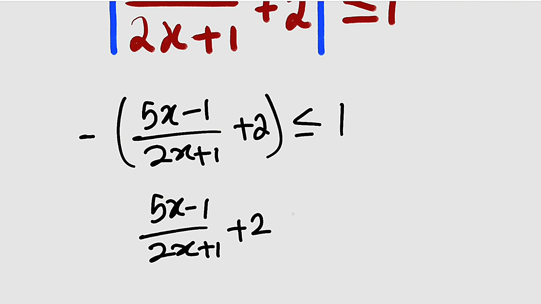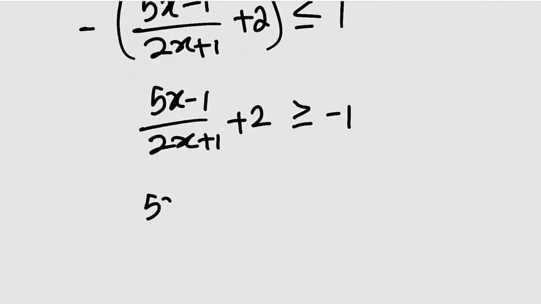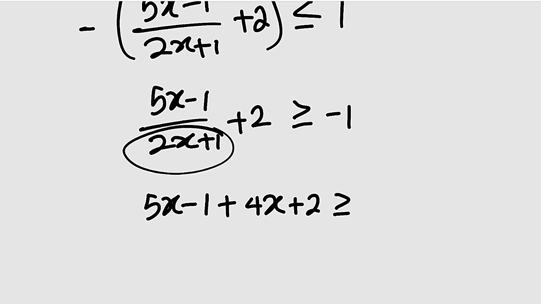The direction of the inequality will change, right? You have 5x minus 1 plus you take 2, you multiply by the whole of this. You have 4x plus 2 greater or equal to negative 1 times the whole of this.